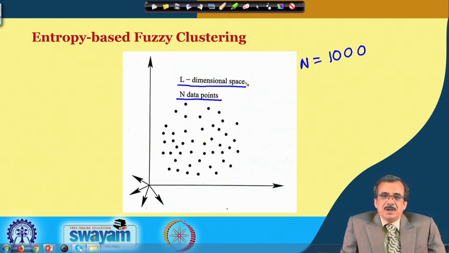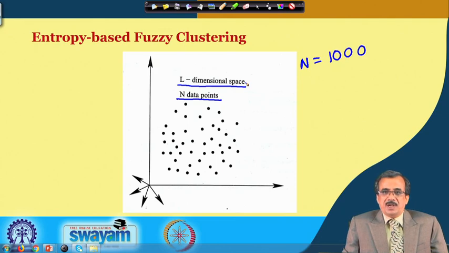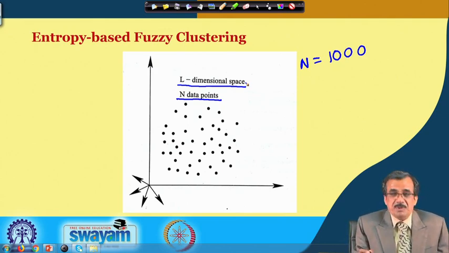That means, if I want to represent a particular point, I need to have capital L number of numerical values. Now, using this entropy based fuzzy clustering, as I discussed, the first thing we do is we try to identify which one should be the cluster center.